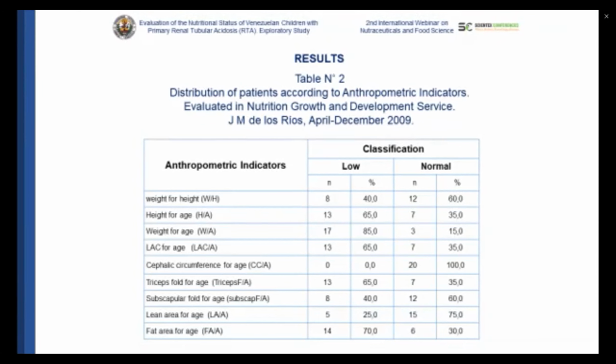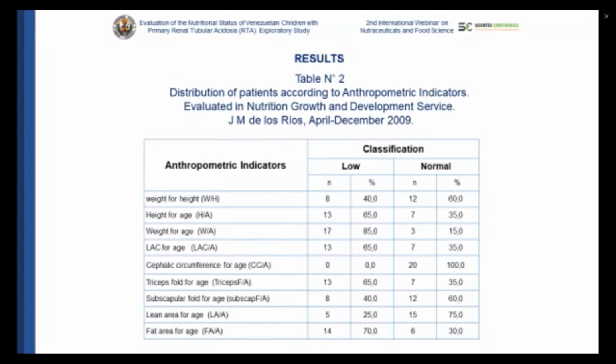In relation to the circumference of the left arm for age, it can be observed that 13 of 20 cases studied, 65%, have low circumference for age, while 7 cases present normal circumference for age. It is good to highlight that none of the children evaluated presented low head circumference for age, which refers to the fact that the weight of their brain mass has not been affected.